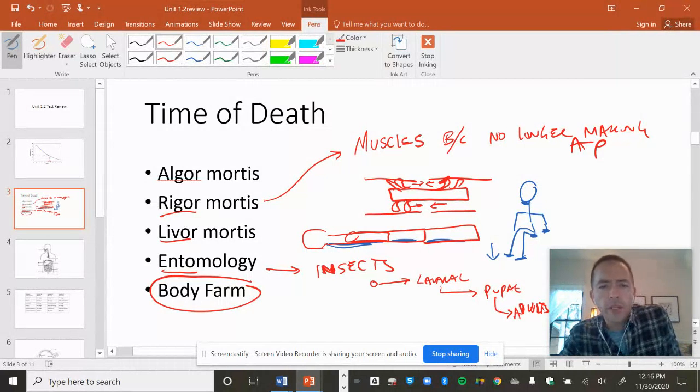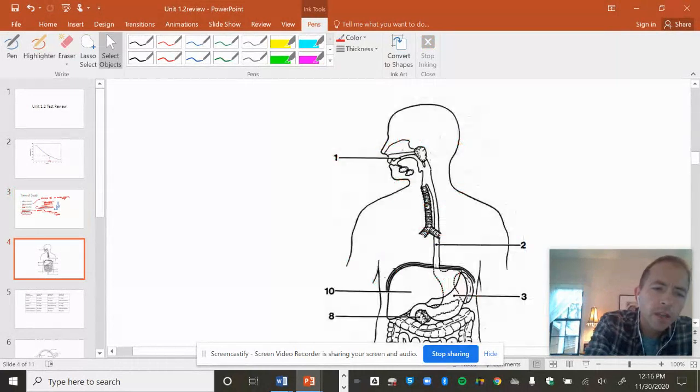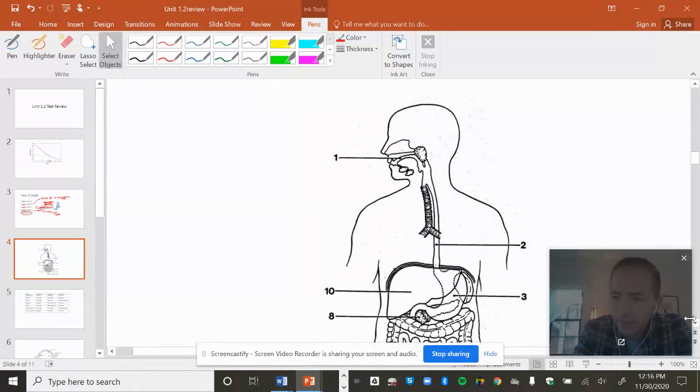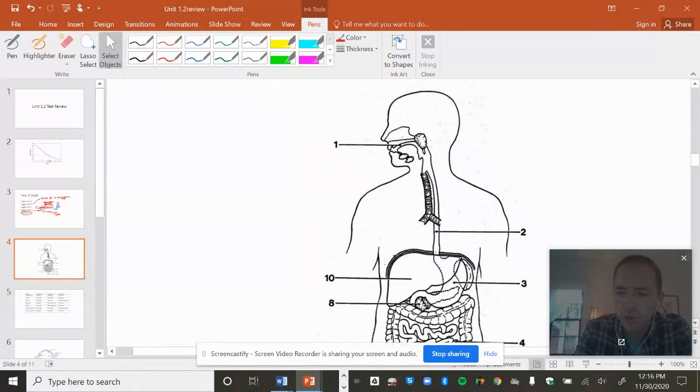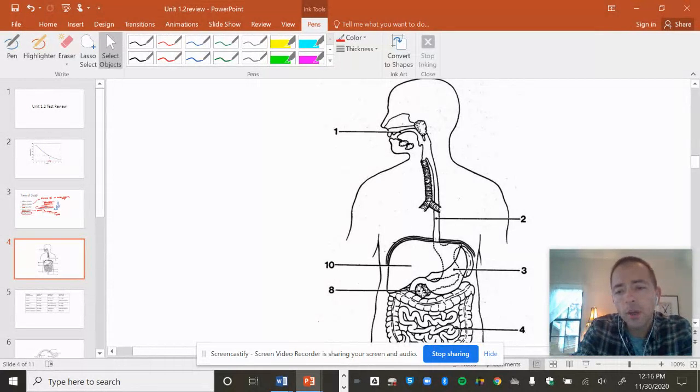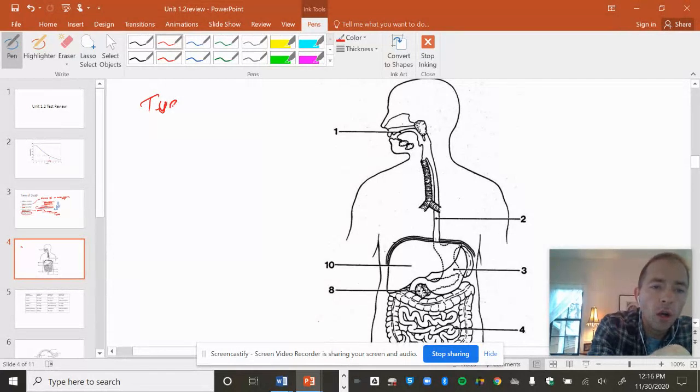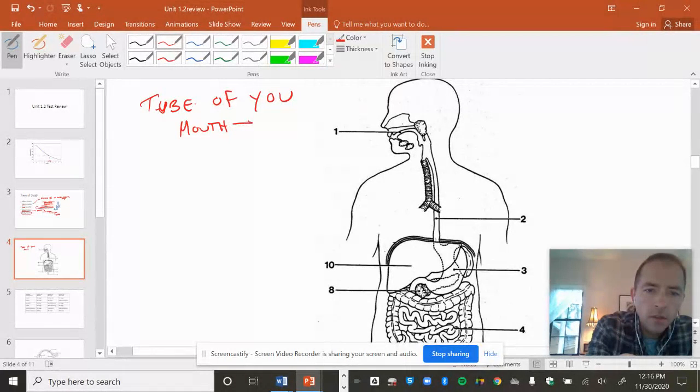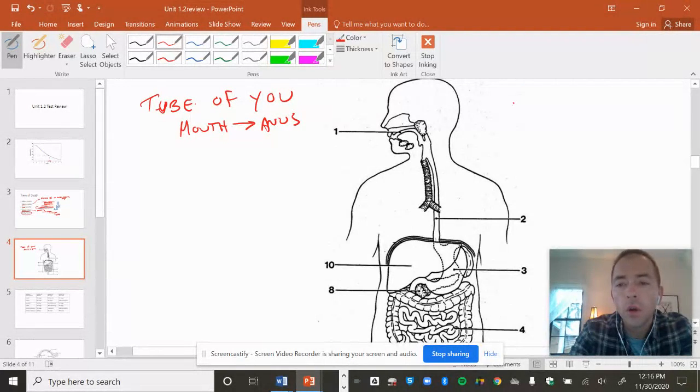We did that for the first week or two of this section that we were taking this test on. And then we looked at the digestion and how it connects to toxicology. So you have to know the elements of, once again, the tube of you, right? Which is basically your mouth to your anus. You have to know the elements that are part of the tube, but you also need to know what are called accessory structures.